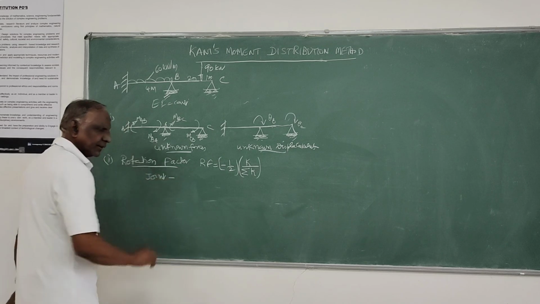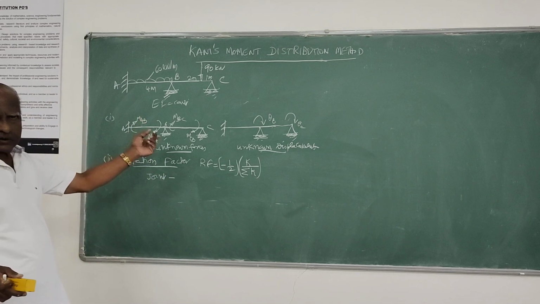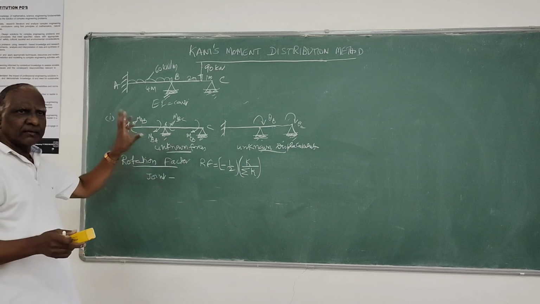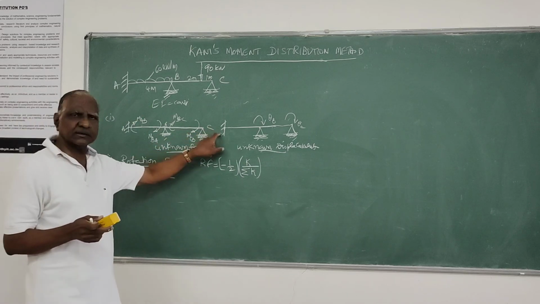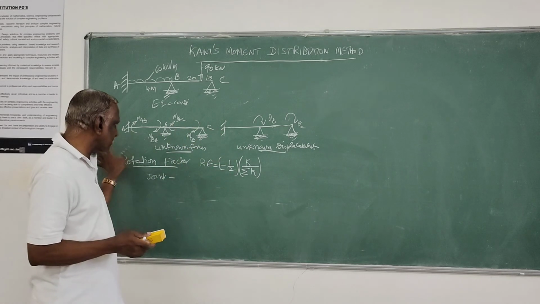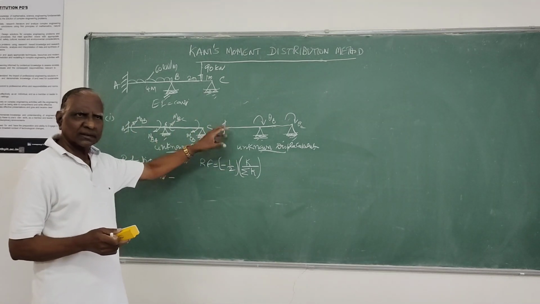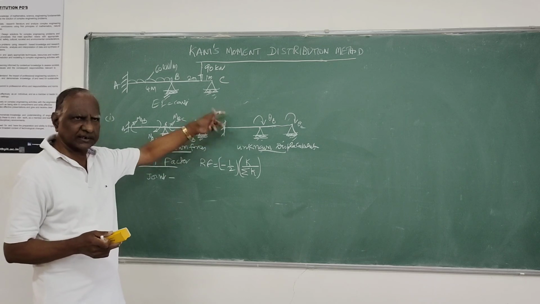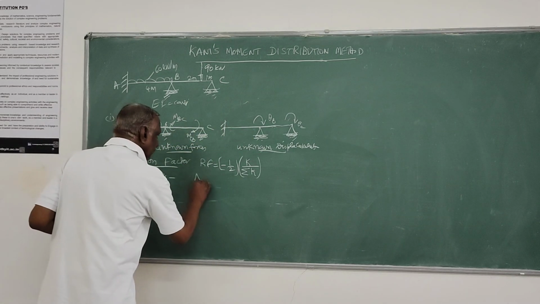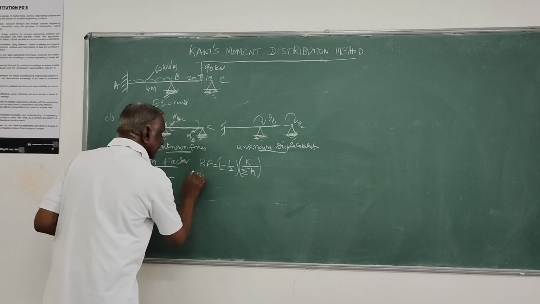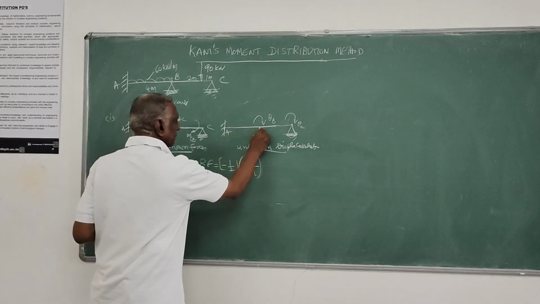That we are determining only at the continuous joints and simply supported or roller joints. Here at fixed joints, there is no displacement, that's why we don't bother about the rotation factor, because there is no rotation. Here continuous joints, so we will work out the rotation factor.